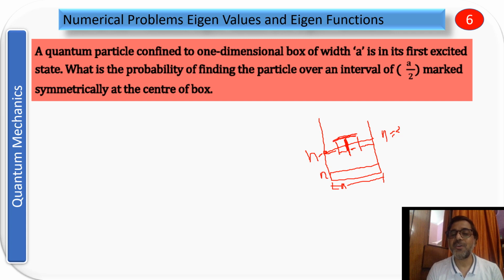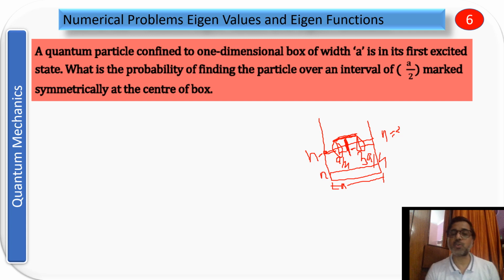Naturally this is 1/4 and this is 3/4. So between what do you have to find it? Between a by 4 and 3a by 4, that is 1/4 of the box to 3/4. Between this, what is the probability of finding the particle? This is what you have to calculate.